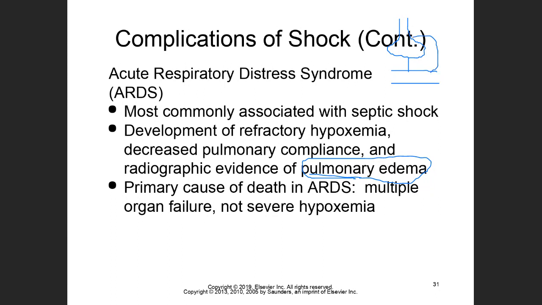Oxygen goes right here, from the alveolus to the blood vessel. If you increase this gap that we have right here, then you decrease the diffusion capacity of the oxygen. Then there is no oxygenation. That's why you develop hypoxemia and the ARDS.